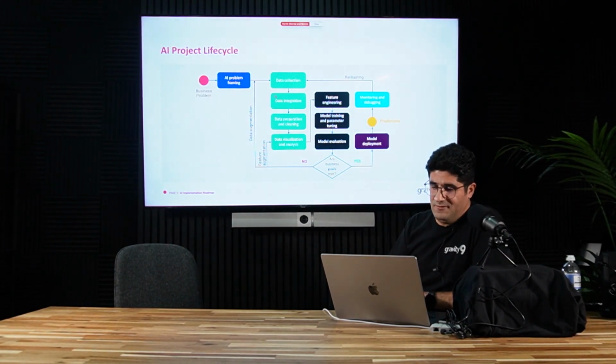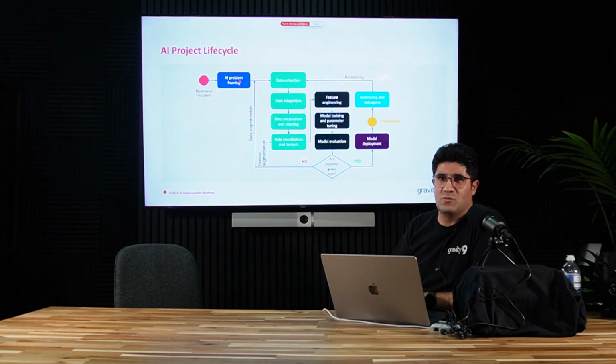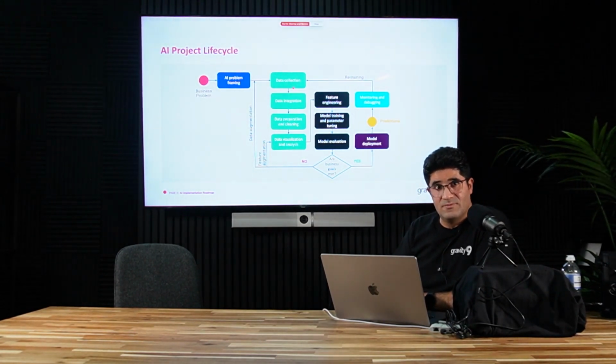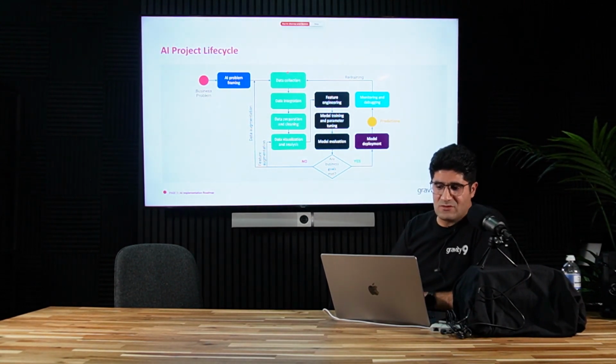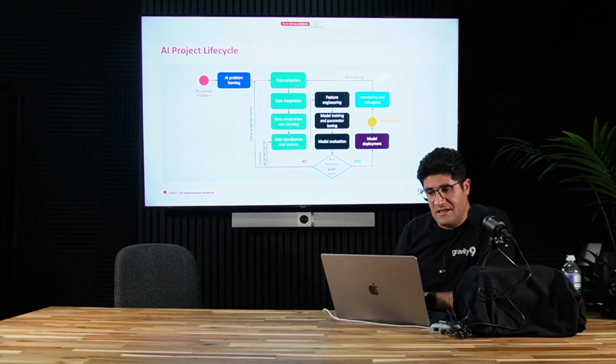So when we have the definition, when we understand what the problem is, we need to collect data, find the sources that can be used for generating the data required for the AI project or the AI problem. In fact, we need to find the best or most relevant data.